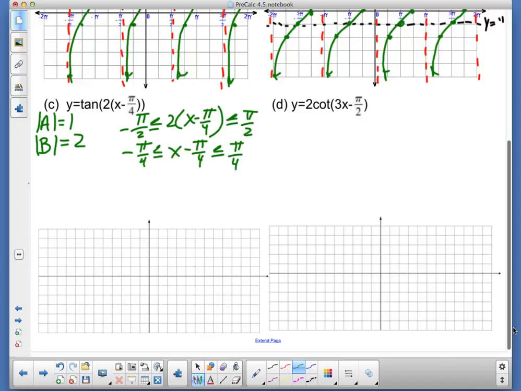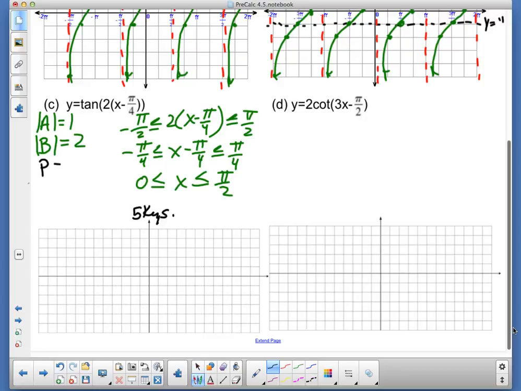So I have that horizontal shrink by a factor of 1/2. Now I'm going to add pi over 4 to both sides, so I've got 0 less than or equal to x, and adding pi over 4, pi over 2. So now I'm going to have my 5 keys. Remember, I've got to take pi over 2, which my period is.